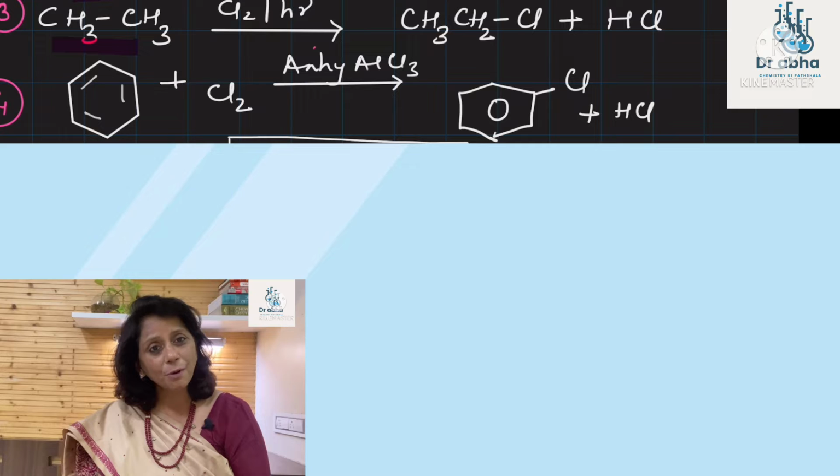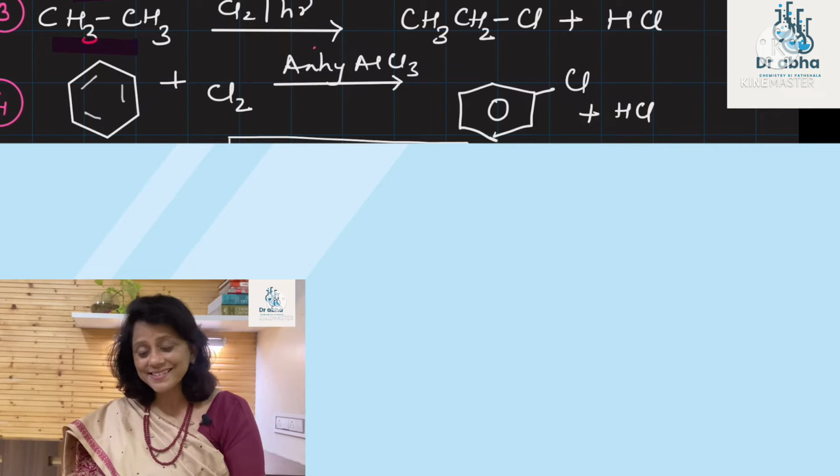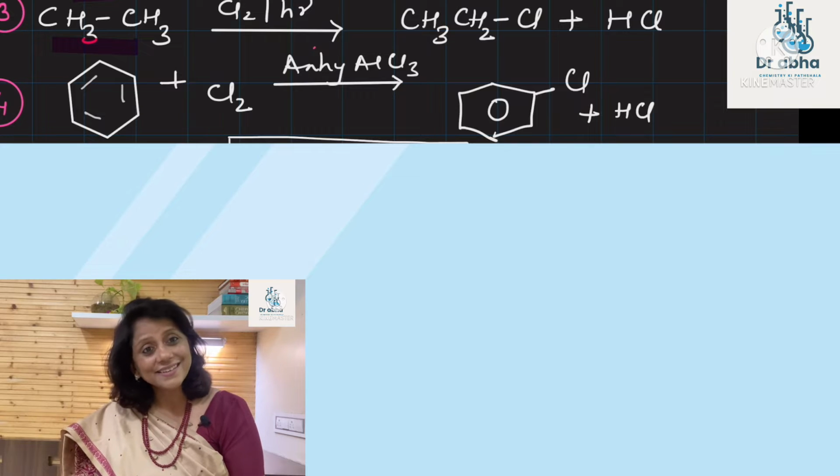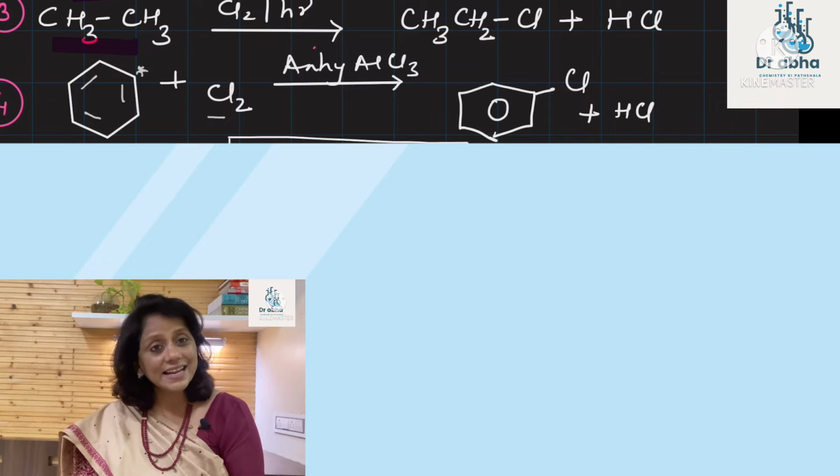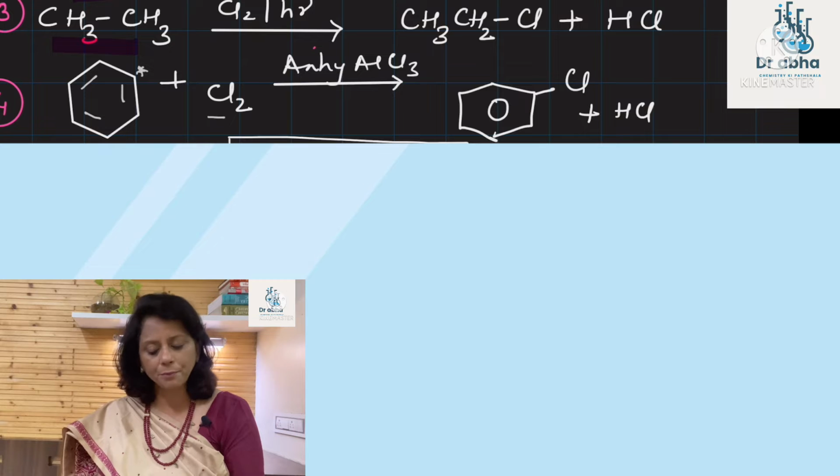But it doesn't show addition very easily. Instead, it shows substitution reaction. Now just see, chlorine, it has one hydrogen. This hydrogen has been replaced by Cl as an electrophile, and what you get is chlorobenzene with a byproduct.